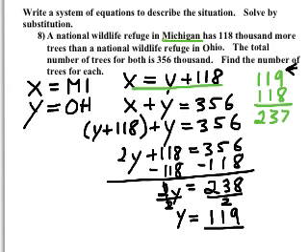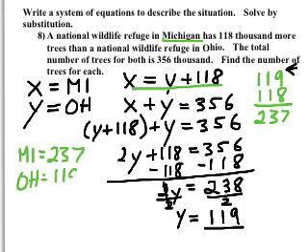There's 237 trees for Michigan. So we've got Michigan 237, Ohio 119, and also it's a good sign we see that Michigan has more trees.